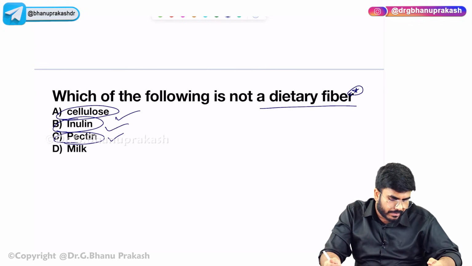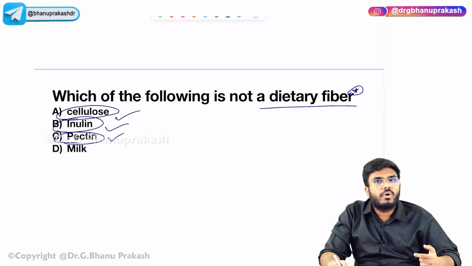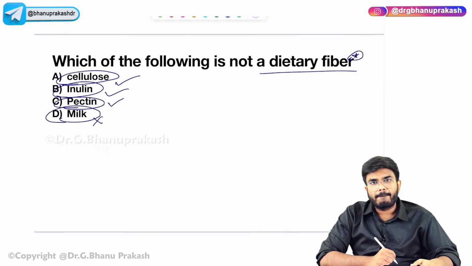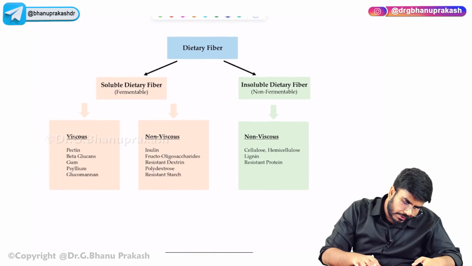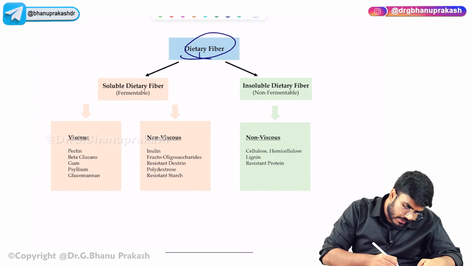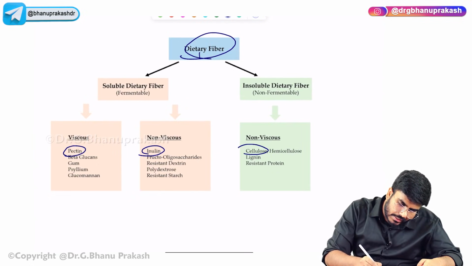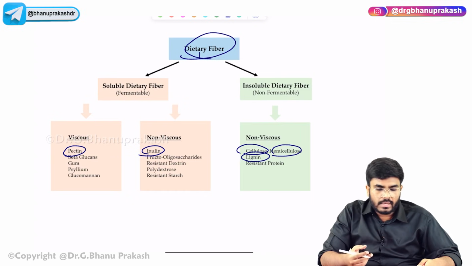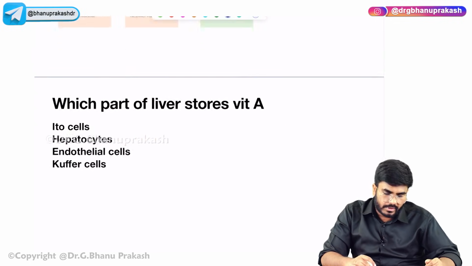So cellulose, inulin, pectin are all dietary fibers which you can't digest, which is really good for your body and for your gut bacteria, but milk is not a fiber. You can look here, pectin, inulin, cellulose, hemicellulose, lignin, these are all fibers, but milk is not a fiber.